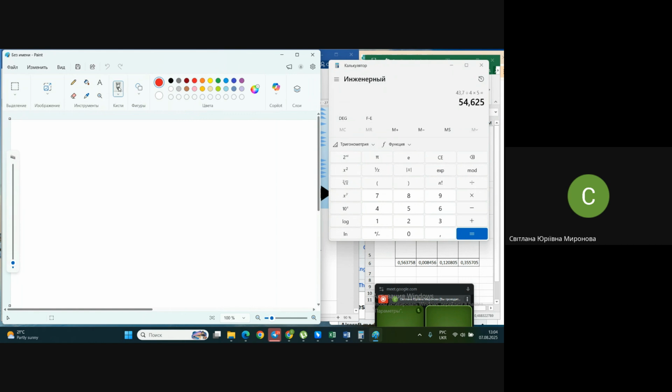Lift equal to CY, coefficient of lift, density, speed squared, divided by 2, and here we have an unknown value. The unknown value is the area of the wing, what is in question. How to determine this unknown value?